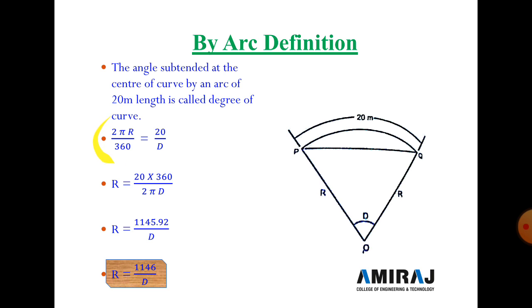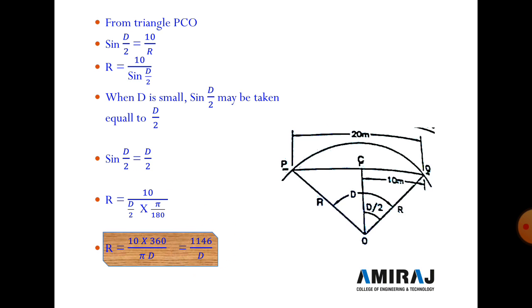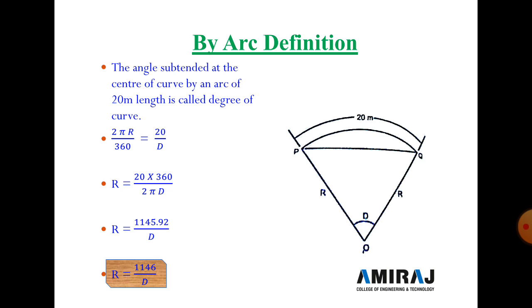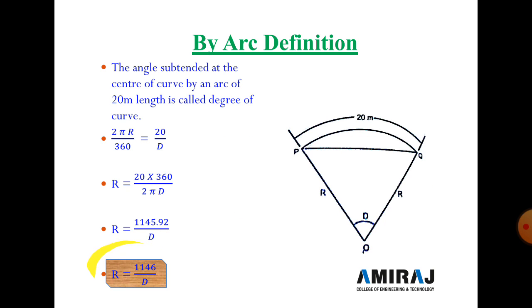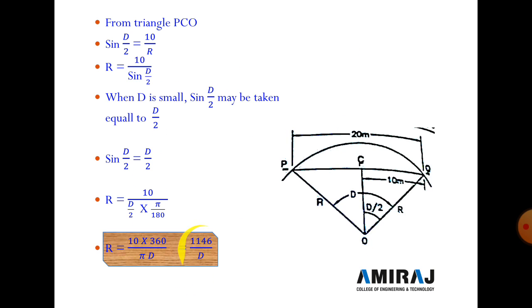So simply, 2 pi R divided by 360 is equal to 20 divided by D. We require the value of R. So R is equal to 20 multiplied by 360 divided by 2 pi D, which is 1145.92 divided by D. The rounded figure is 1146 divided by D. So the radius values by arc definition and by chord definition are the same.